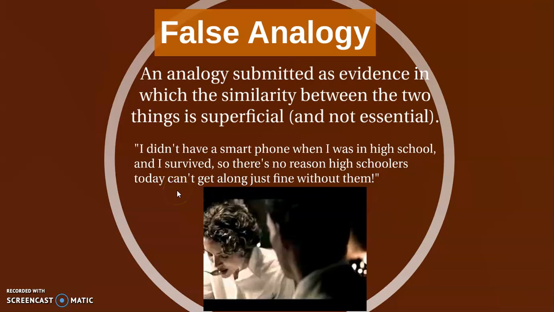Saying "I didn't have a smartphone when I was in high school and I survived, so there's no reason that high schoolers today have to have smartphones" is a false analogy. The whole world is completely different now than when you were in high school. So there are big differences. This is not a direct comparison. So it's an example of the false analogy.